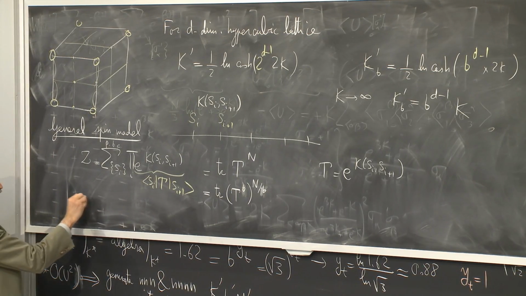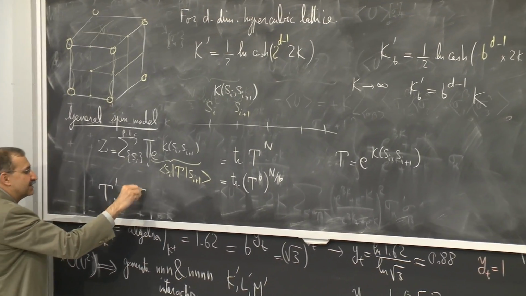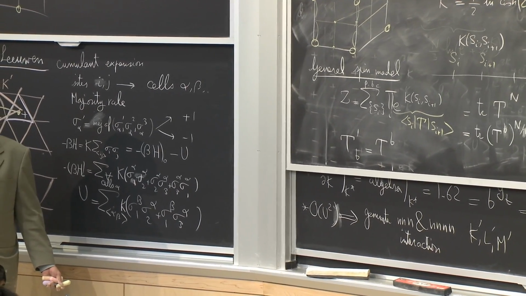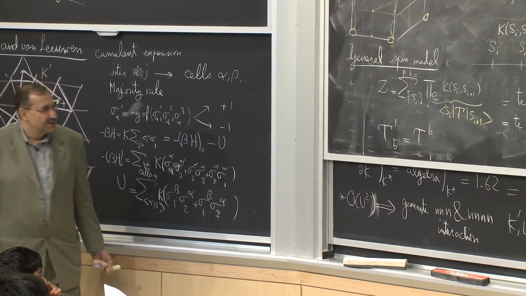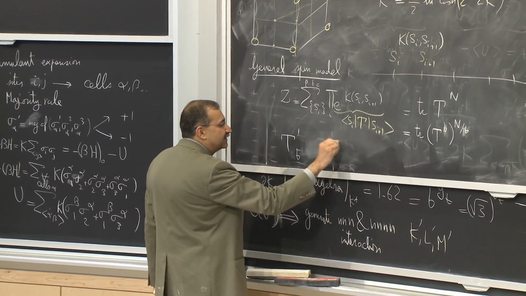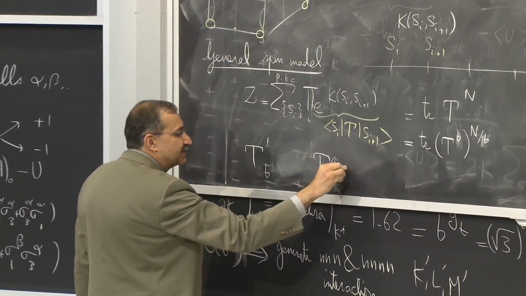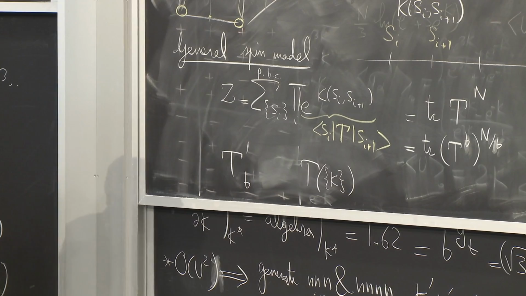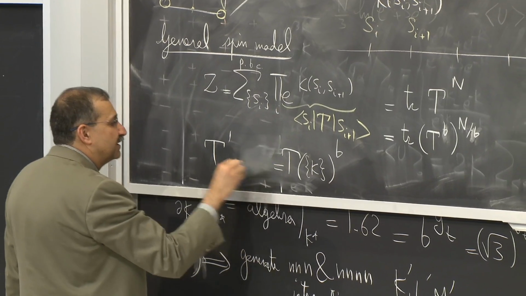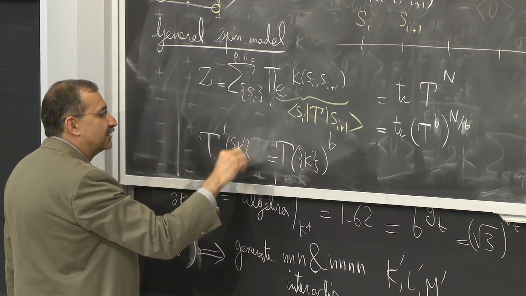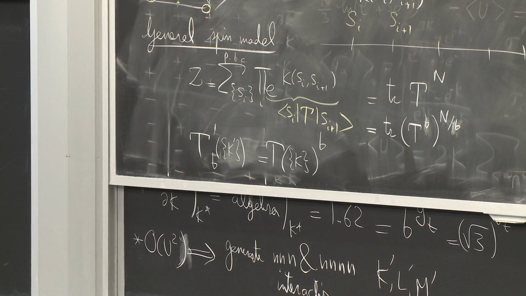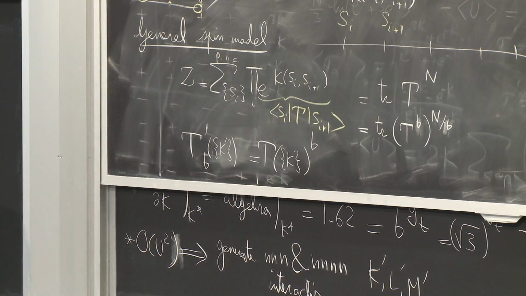So the result of renormalization by a factor of b is simply in one dimension to take the matrix that you have and raise it to the bth power. Okay? And so I could parameterize my T by a set of interactions K, like we do for the Ising model, raise it to the power of b, and I would generate the matrix that I could then parameterize by K prime, and I would have the relationship between K prime and K in one dimension.